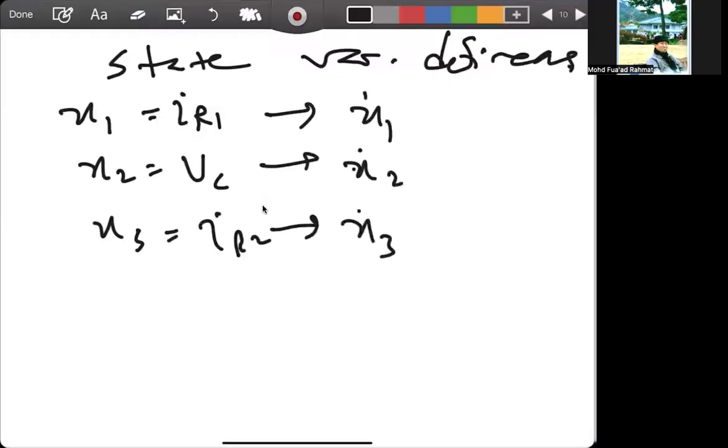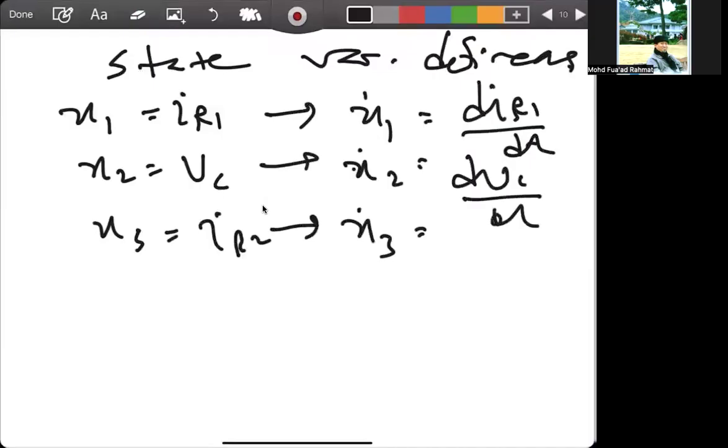Okay, which are dIR1 dt, dVC dt, and dIR2 dt.